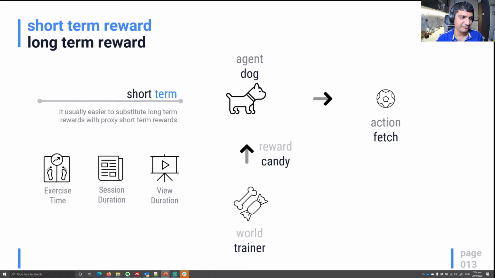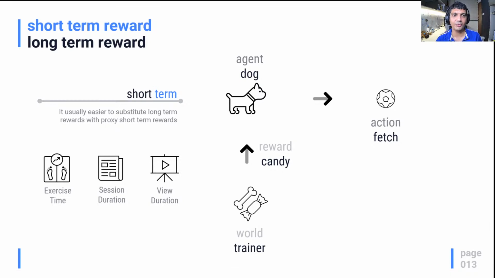Or I could have a video site on which I'm trying to maximize that, so I would look at view duration. So these would be short-term rewards that you could look at, which would end up becoming a proxy for a long-term reward that you are working towards. And coming up with this is essentially your secret sauce into how you will design your multi-armed bandits problem.